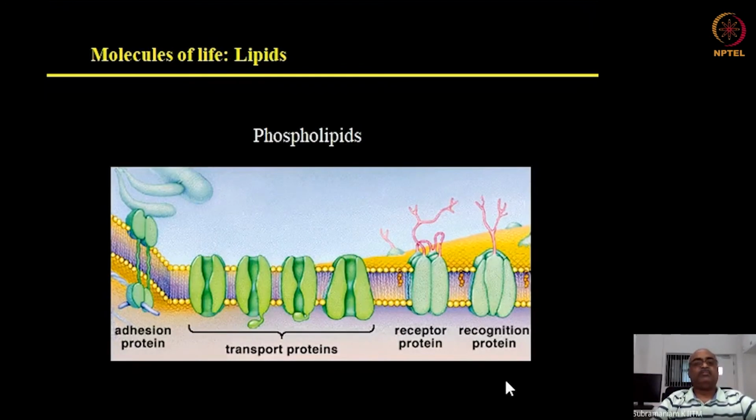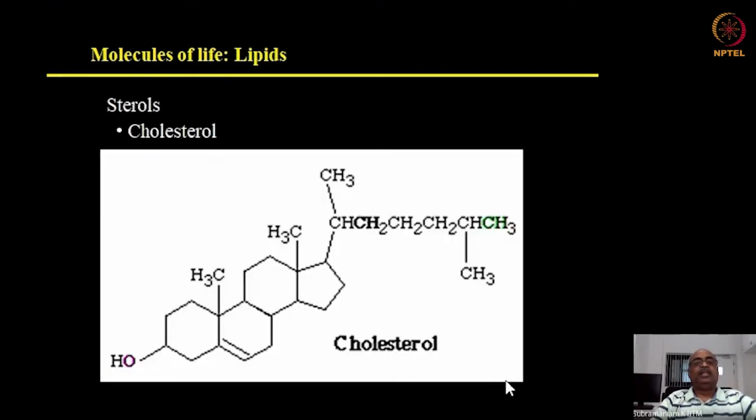So that is phospholipid. And the last but one class are the sterols. Okay, so what are sterols? The very basic kind of sterol present in living organisms is cholesterol, and all sterols, including cholesterol, have this ring structure.